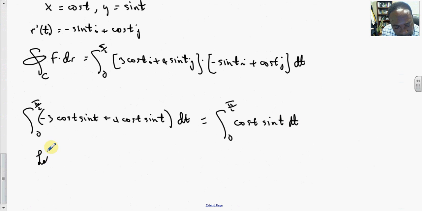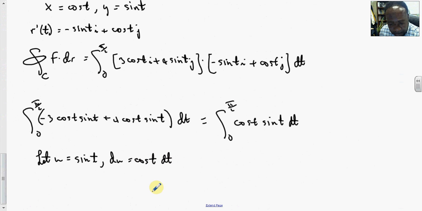Let u equal sine t. So du picks up the cosine t dt.